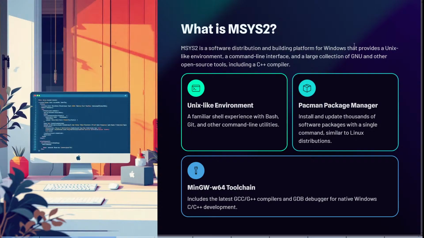So it comes with those features. Apart from that, it has an interface which is a little bit elevated compared to the Windows command prompt, and different libraries, or collections of the different GNU tools and other open source tools, which is very helpful, like we're going to see shortly, for programming in C++.